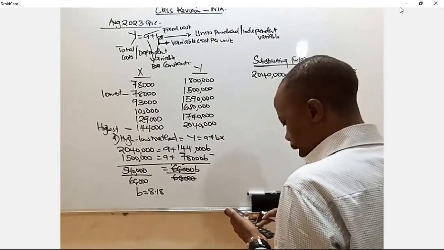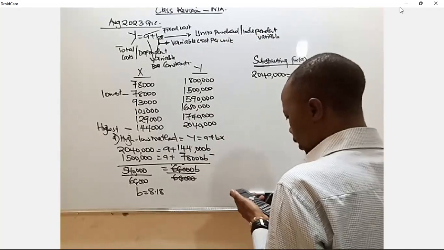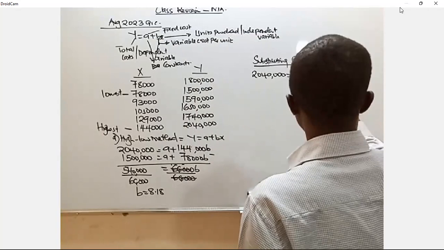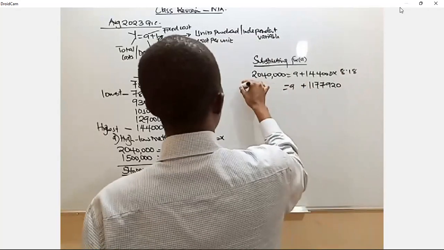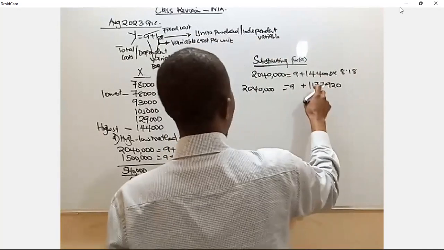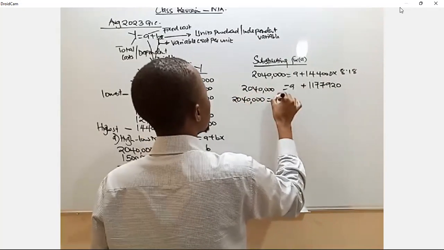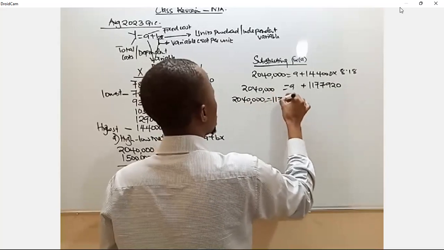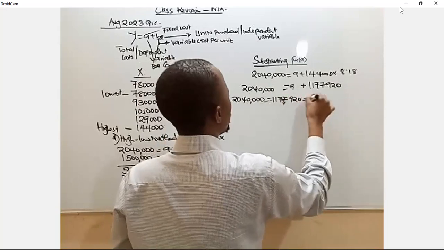So 8.18 times 144,000 is 1,177,920, plus A, which should be equal to 2,040,000. Now you bring this to the other side: 2,040,000 minus 1,177,920 should be equal to A.